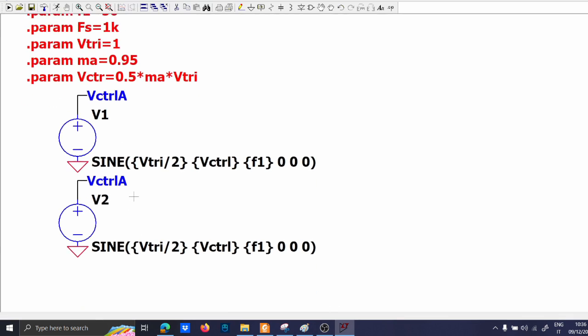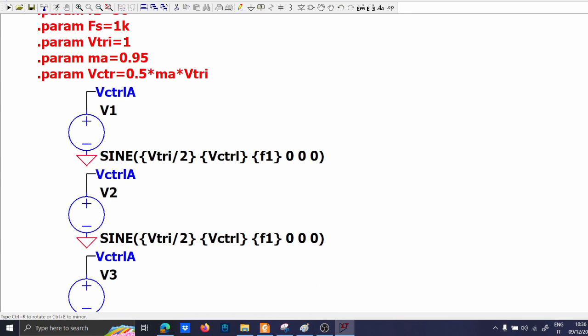So then we have V control A, V control B, and V control C.